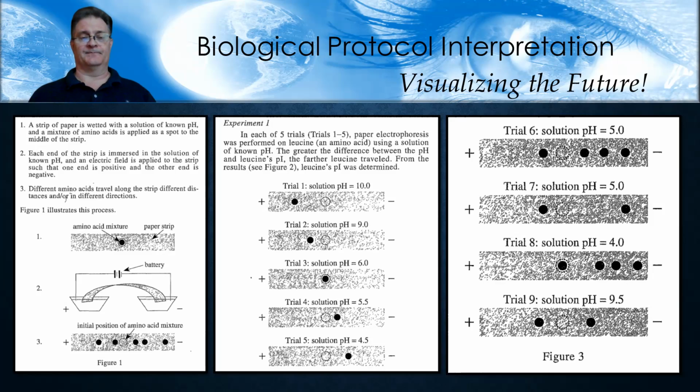Well, what does that say about the charge on the amino acids themselves? The 2 amino acids that are migrating towards the positive end have to have a negative charge. And the 3 amino acids that are migrating to the negative end have to have a positive charge.